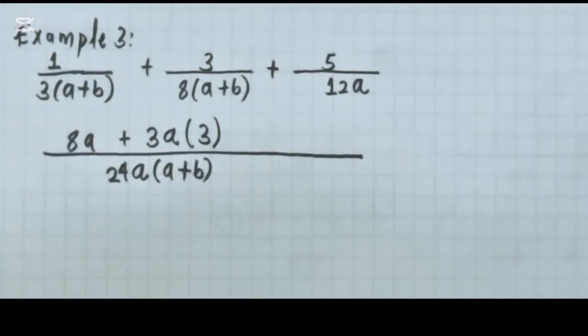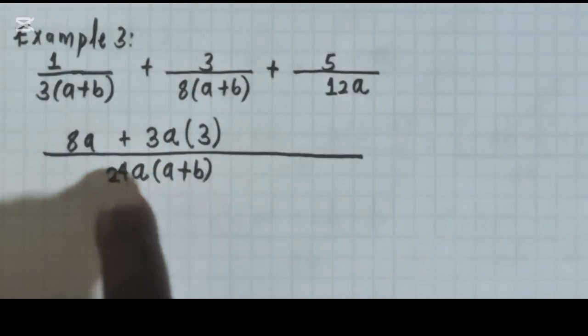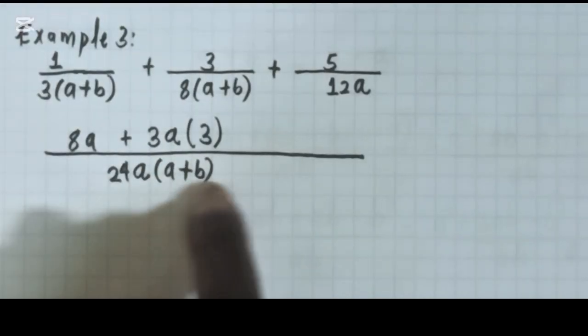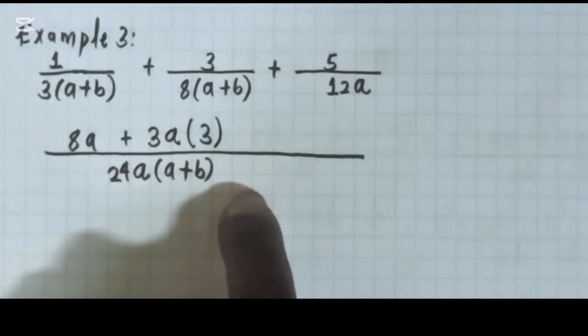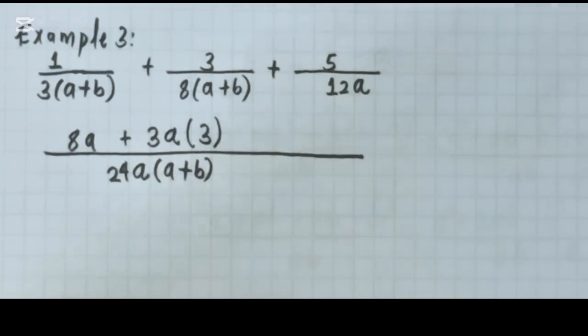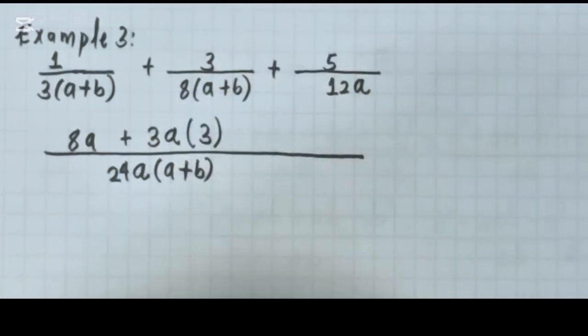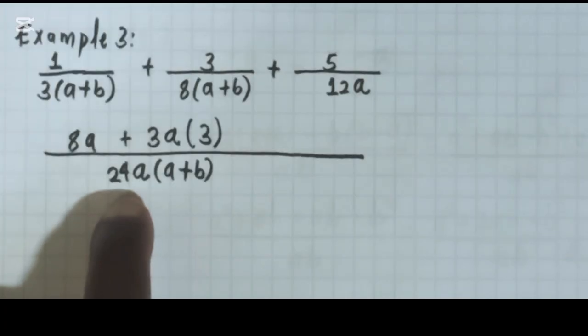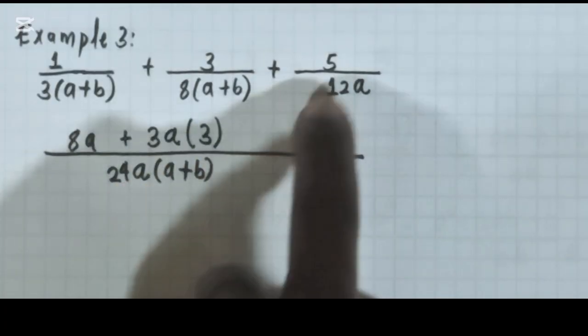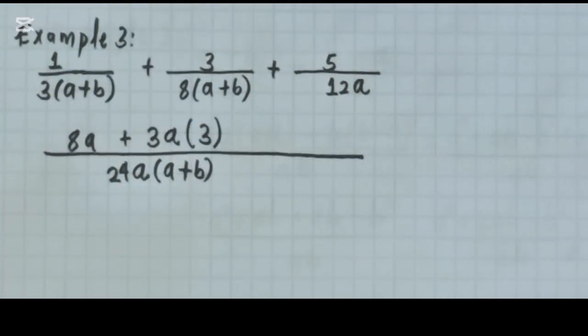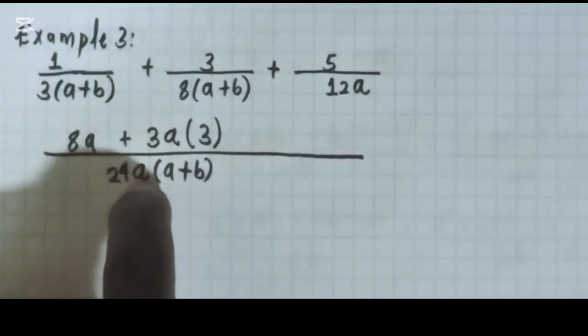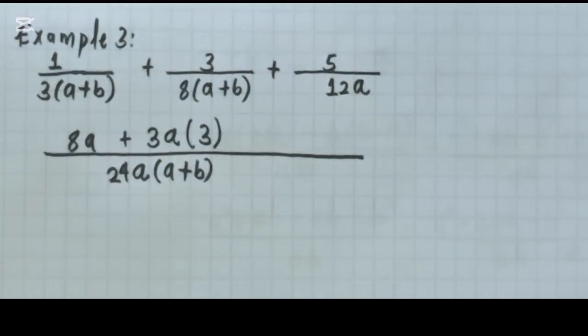So for the final term, we have 24a into a plus b divided by 12a. Basically that's going to be 24 divided by 12, giving us 2, and a divided by a cancelling each other out.